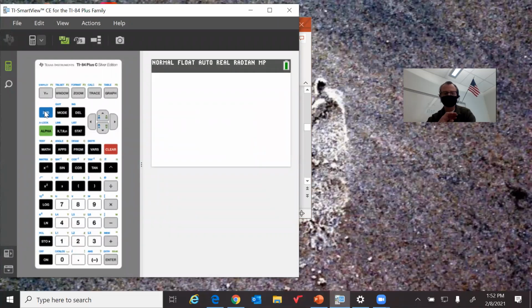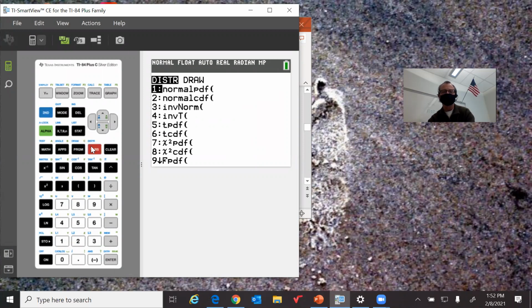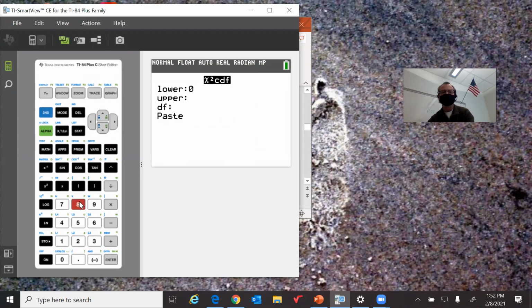Remember, there is no non-calculator part of the test. Second distribution, 8. The lower bound for chi-squared, the upper bound, degrees of freedom. Okay, so we have 5 degrees of freedom.